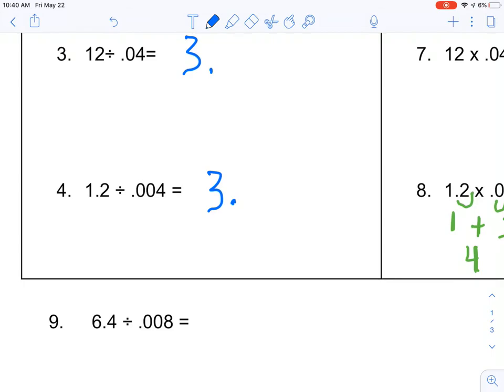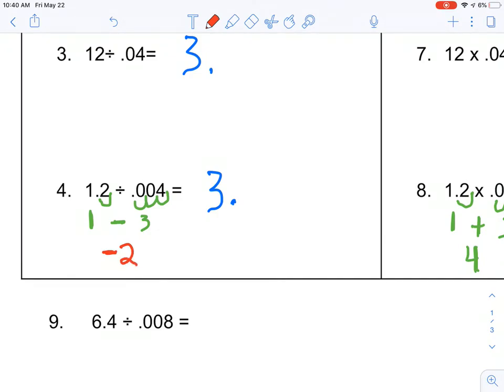Now this one, remember, instead of adding, we are subtracting. So we know the decimal movements for this are going to be 1 forward and 1, 2, 3 forward. So what does 1 minus 3 equal? Perfect. 1 minus 3 equals -2.